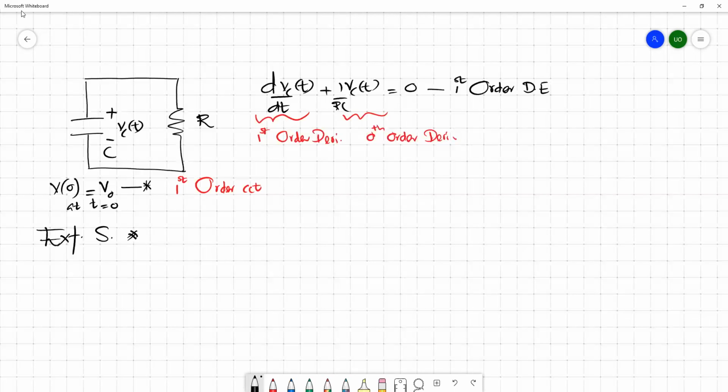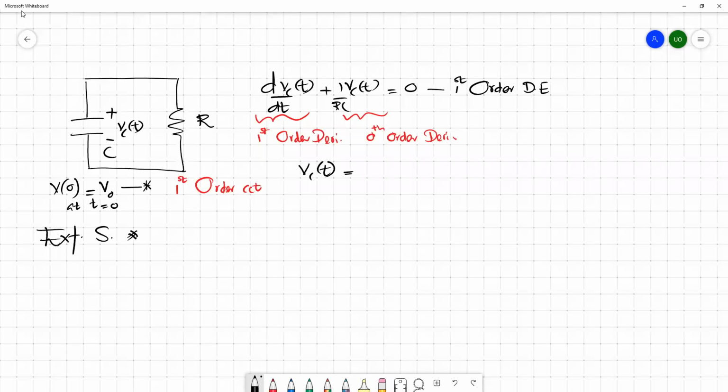Once you obtain it, we can claim that the circuit is a first order circuit, and by solving this first order differential equation you can easily get the mathematical expression for whatever parameters you are interested in.